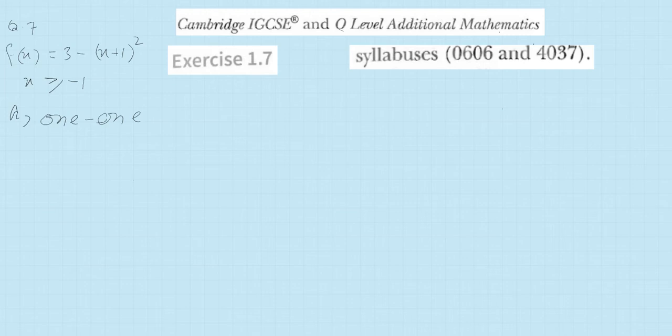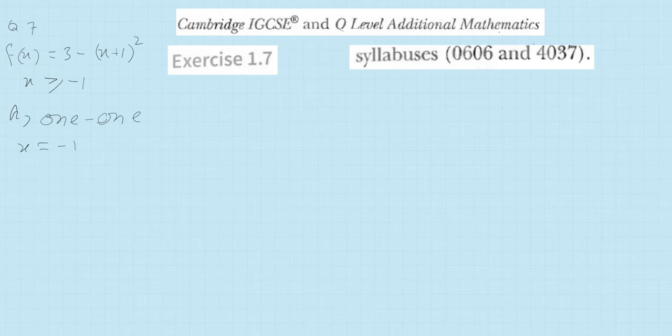We can check the values of x given from −1 to above. First I am taking x equal to −1.